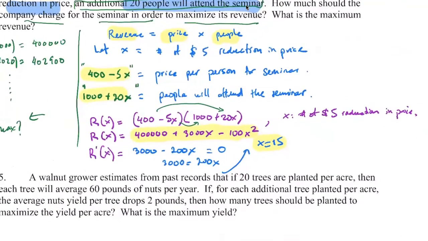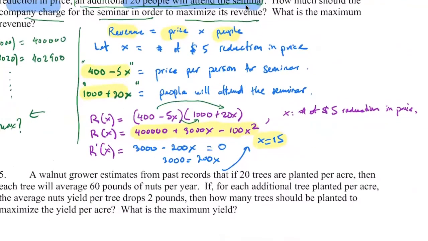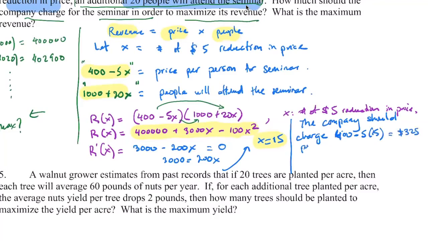We answer this by saying the company should charge 400 minus 5 times 15. What is that? $325 per person.